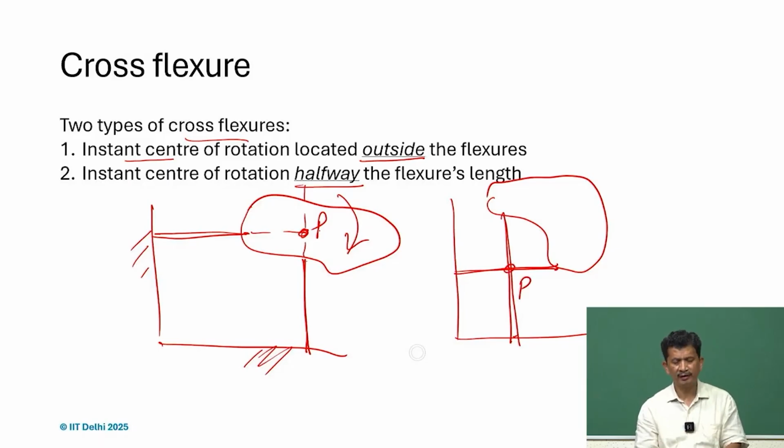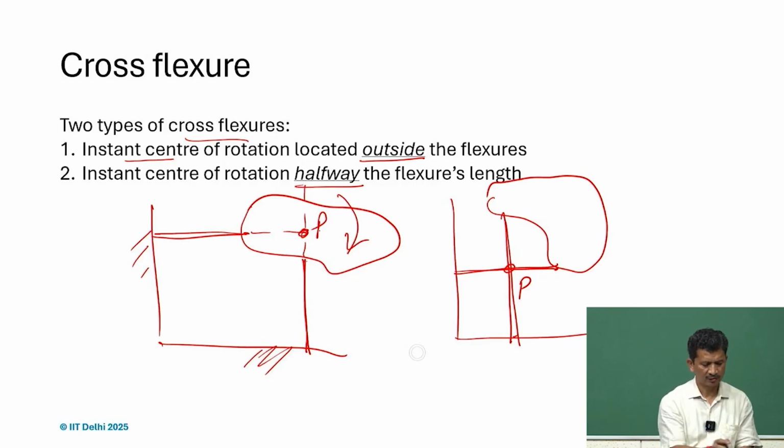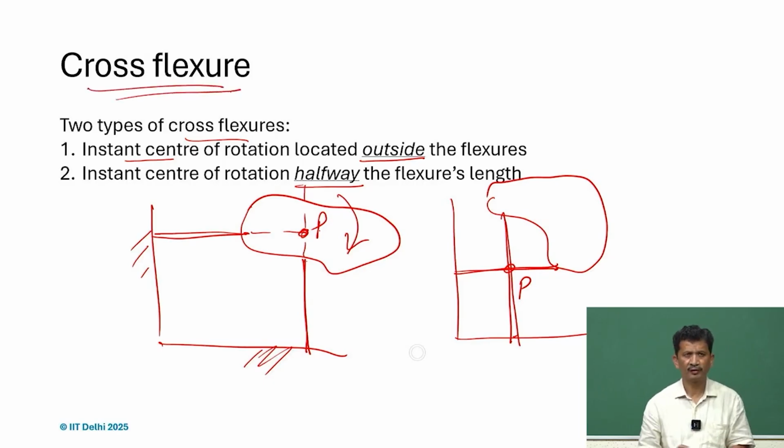So we can create any kind of hinge using two of these sheet flexures, and that's why it is often referred to as a cross flexure in the literature.